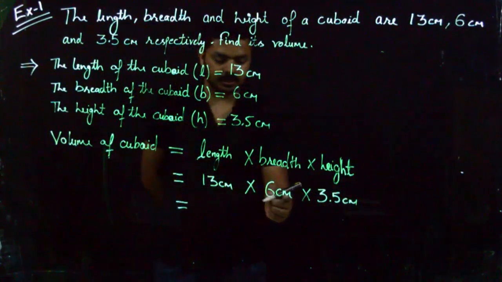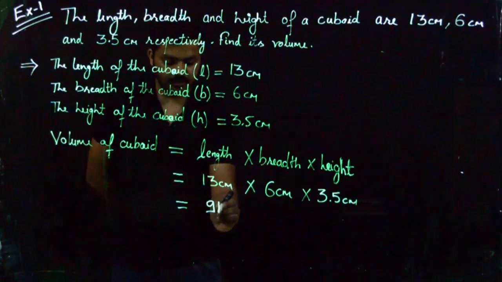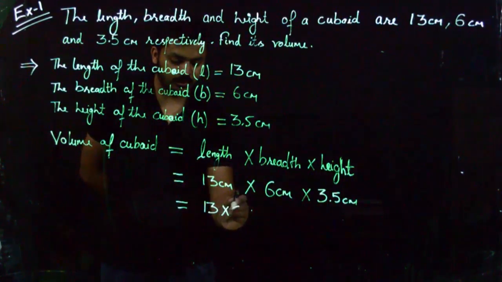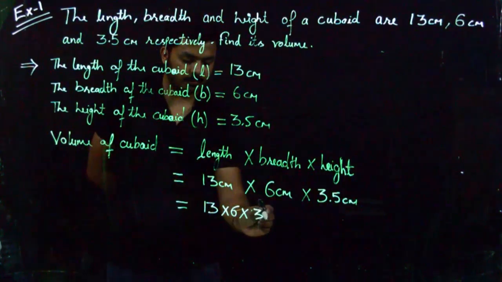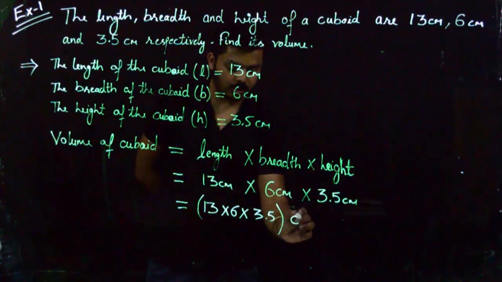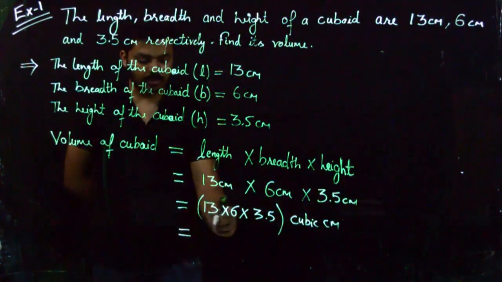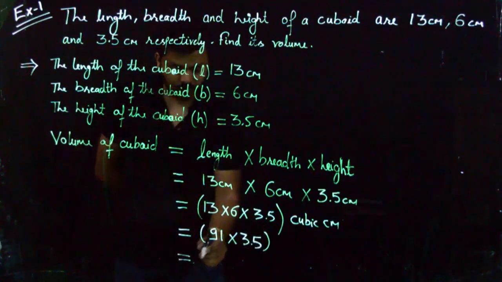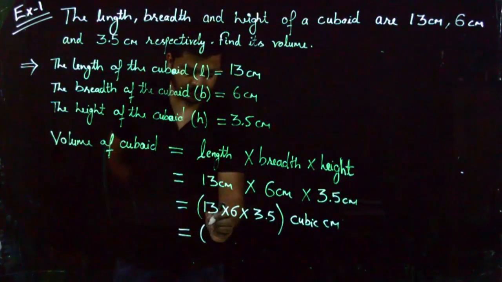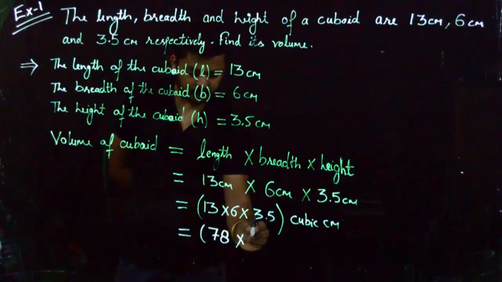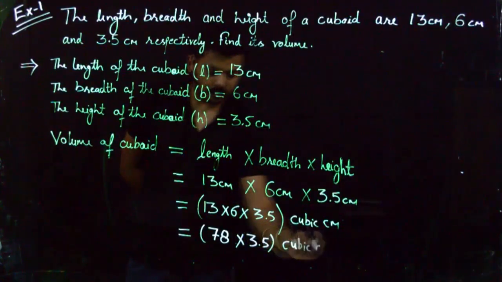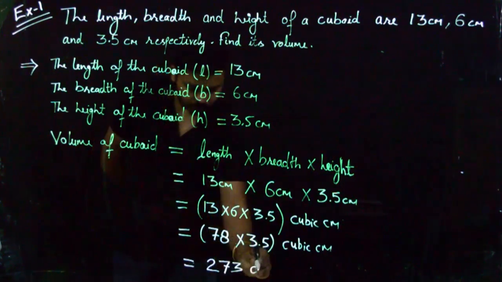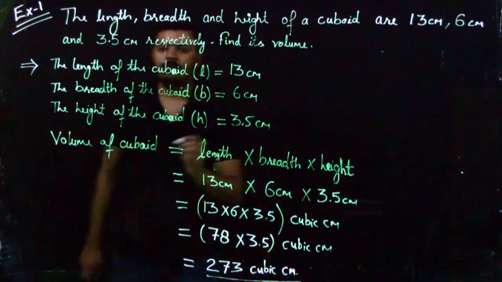So we multiply 13 into 6 into 3.5 and it becomes cubic centimeter. 13 sixes are 78, multiplied by 3.5 cubic centimeter, which is equal to 273 cubic centimeter. So this is the volume of the cuboid.